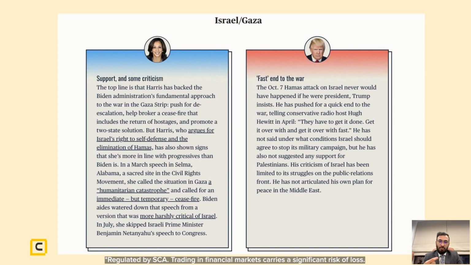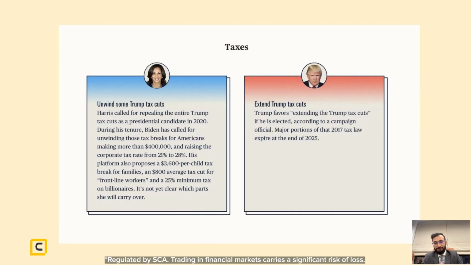But his idea is to end this war as soon as possible. There has been no support from either of the parties, but this is where they stand vis-a-vis the important issues related to foreign policies.